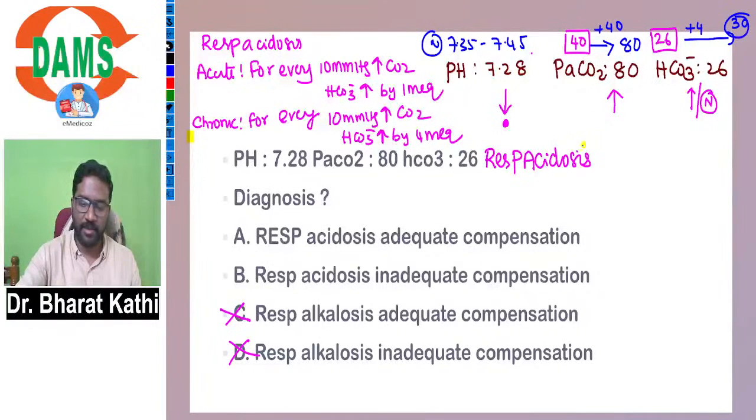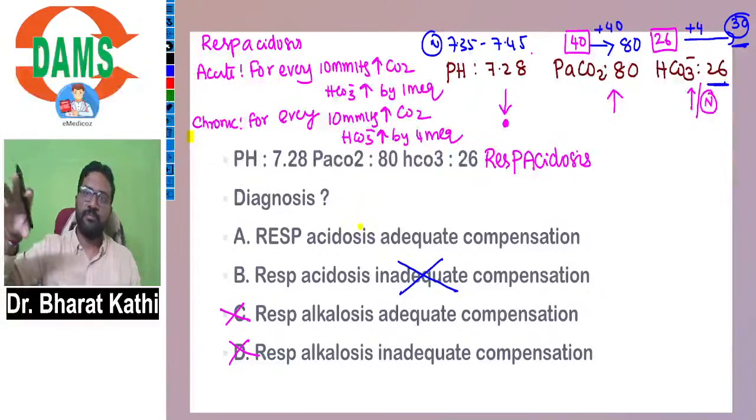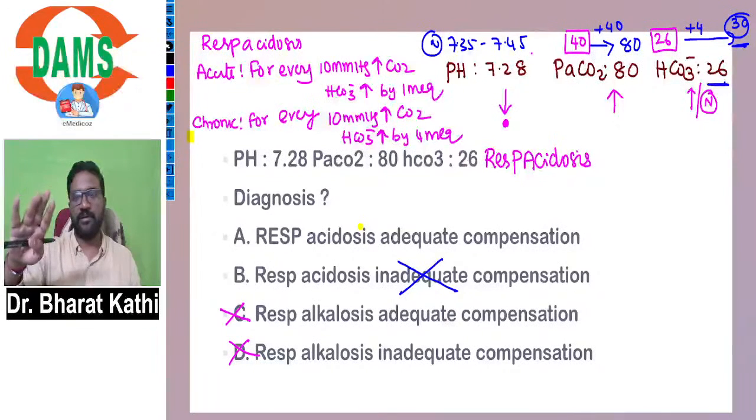If it would have been at least 30, then in COPD it has to be mostly chronic. Here it is not correlating. The bicarbonate given and expected are not correlating, so it means it does not have proper compensation. If it was somewhere around 30, in acute or in chronic, for every 10 it is 4.